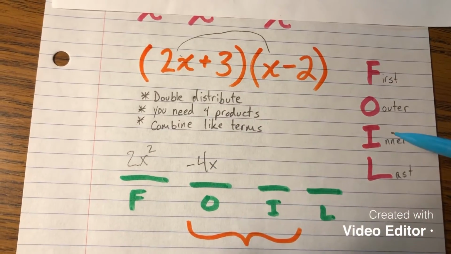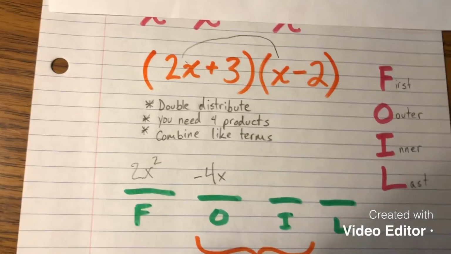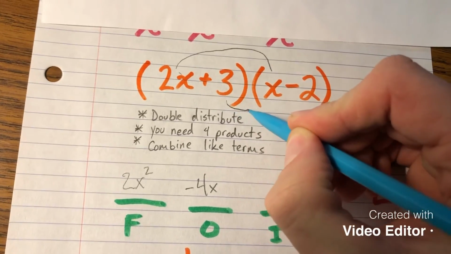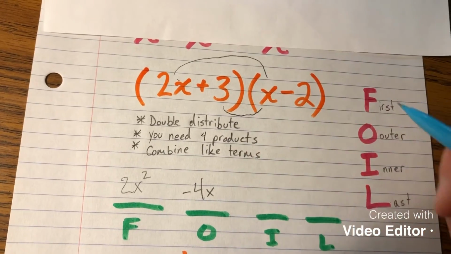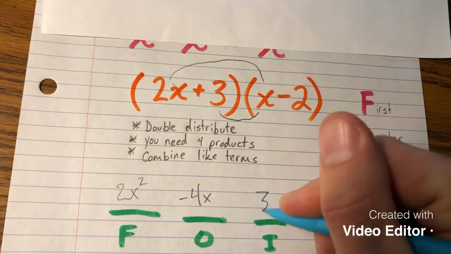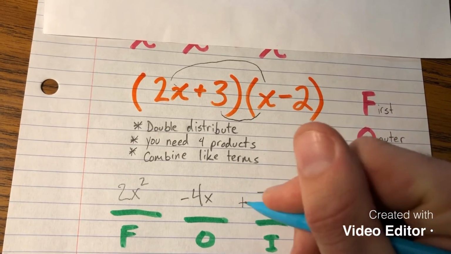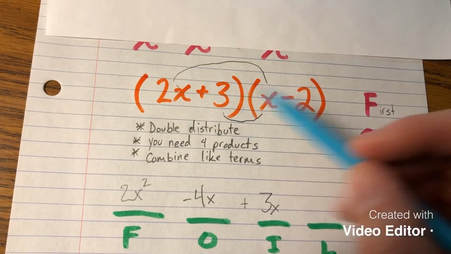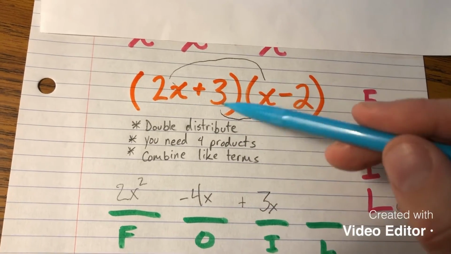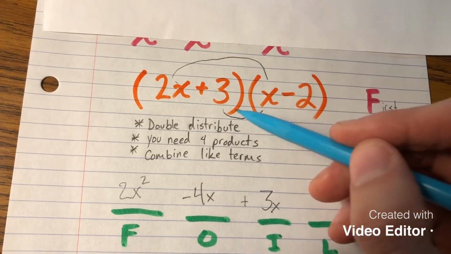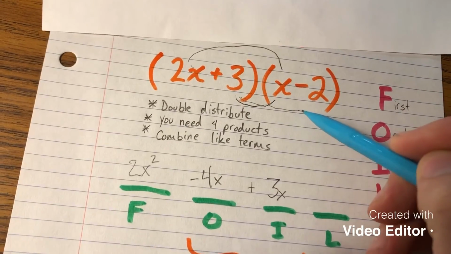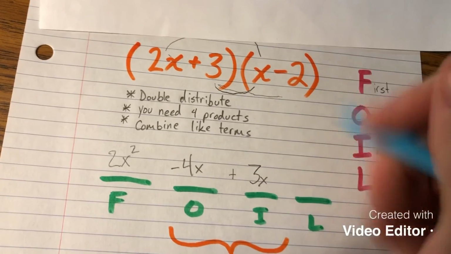And then the inner multiplication is going to be 3 times x. And 3 times x is, well, that's just 3x. And this is positive, right? And then the last one, the last terms, is 3 and -2. So 3 times -2 is going to be -6.